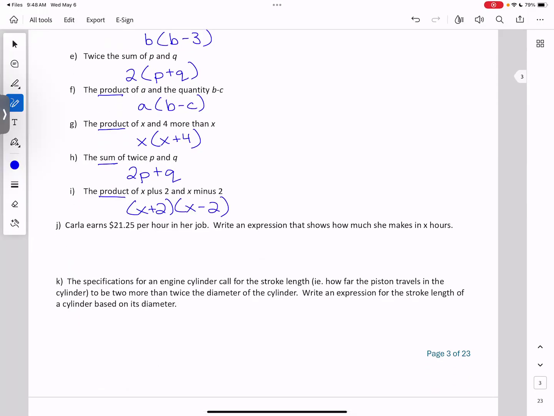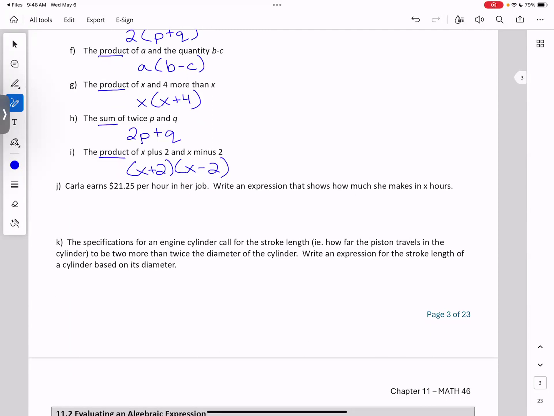Okay, and a couple word ones for us. So Carla earns 21.25 per hour. We want an expression that shows how much she makes in X hours. So our X, and I could do let if I want, is kind of a mathy way to do it. I'm going to say let X equals the number of hours worked.